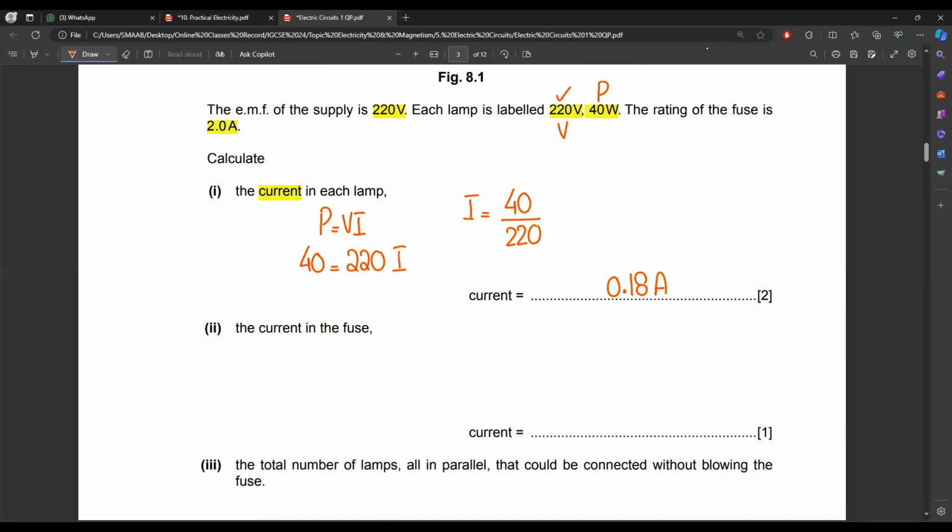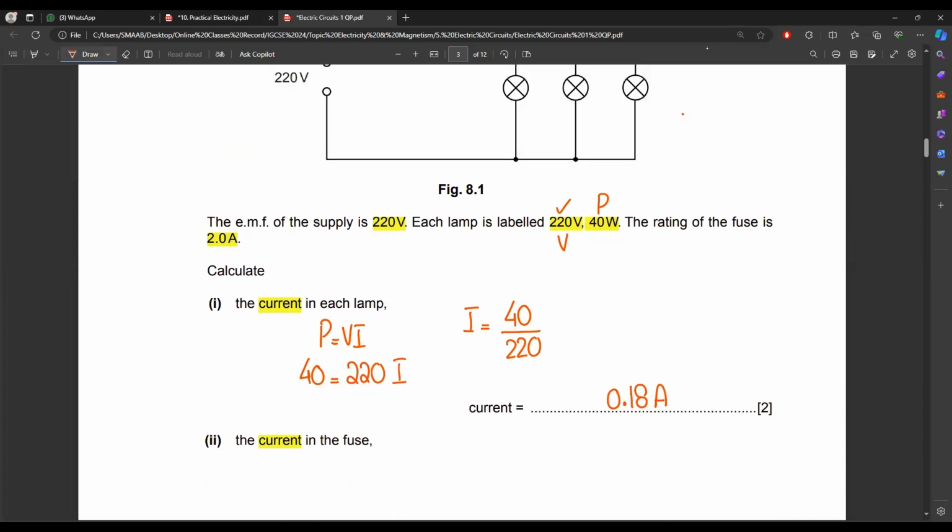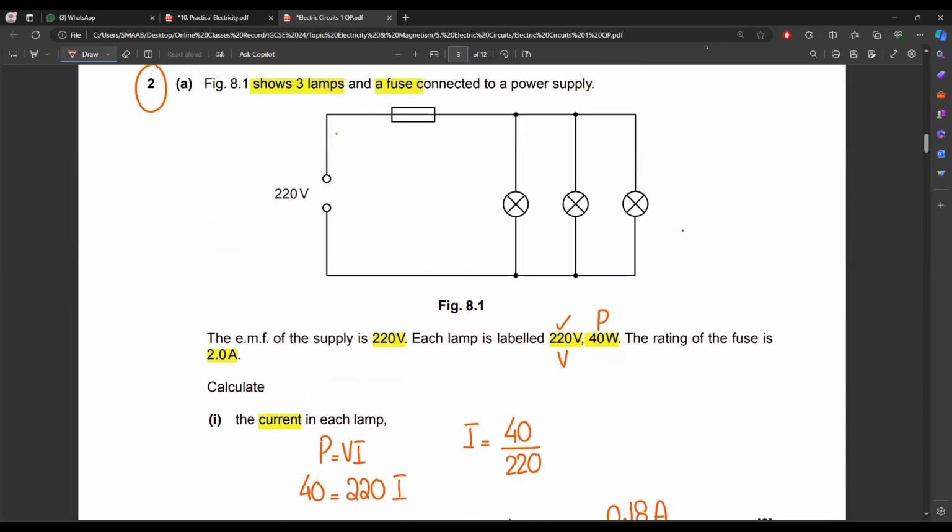Okay. In the second part, they are asking about the current in the fuse. So first we calculate the current in each lamp. Now they are asking about the current in the fuse, because you can see when current starts to flow, definitely it will pass through the fuse first, then through the other components.